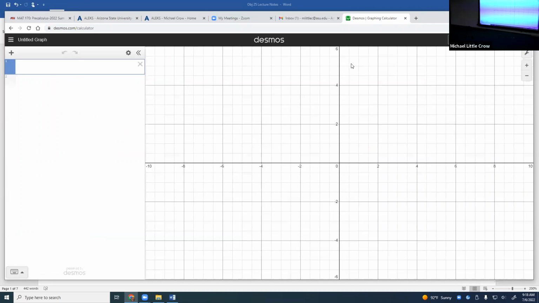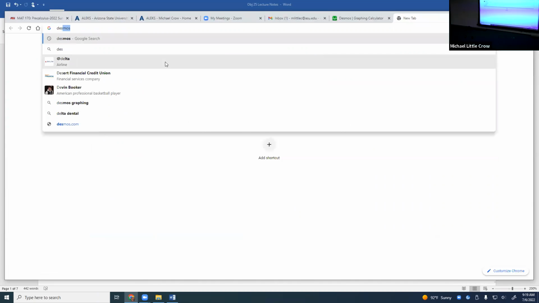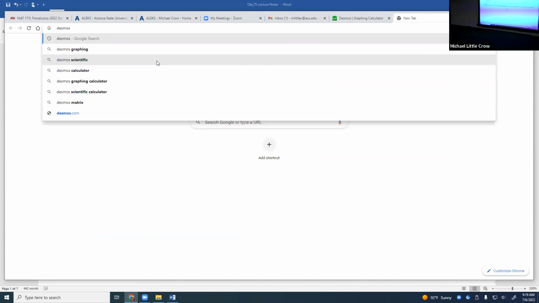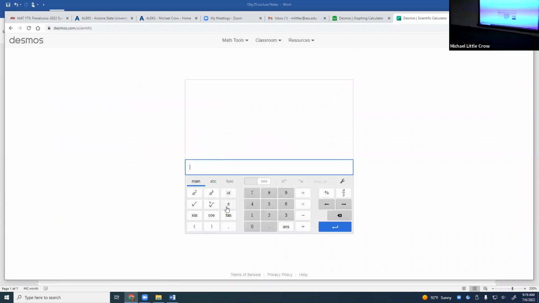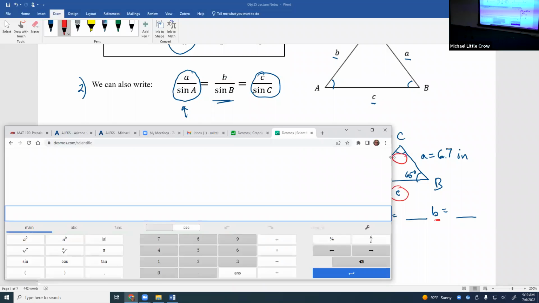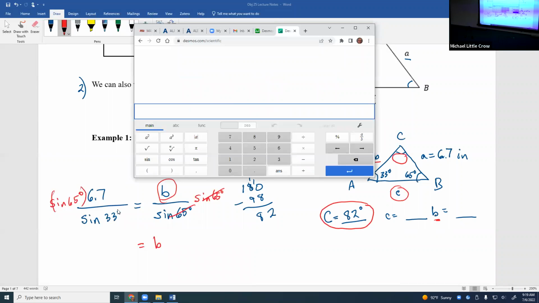Oh, I don't want the graphing calculator. We could use the graphing calculator, but let's go with the scientific calculator. So sine of 65.